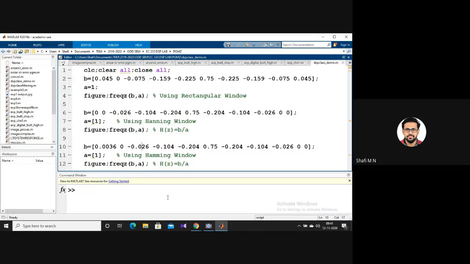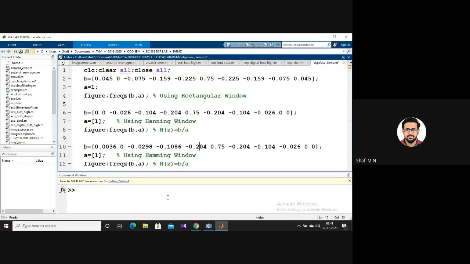You can see the Hanning window coefficients already, the filter that you designed using Hanning window. So this is approximately the same, and now you have 0.0298, right? Then the next one, minus 0.104 was the previous value. Now according to your Hamming window design, you have 0.1086.